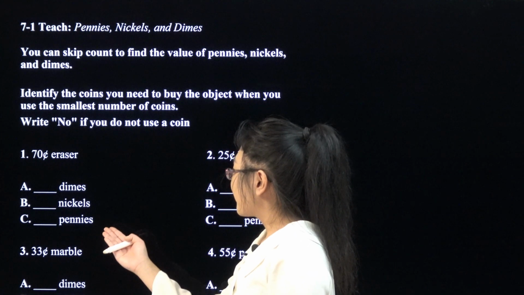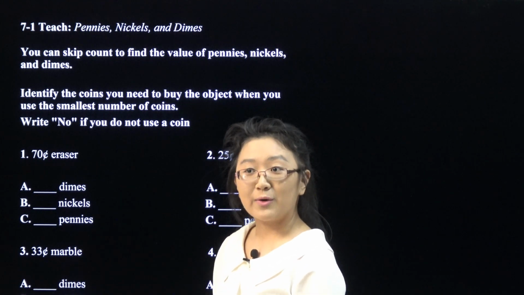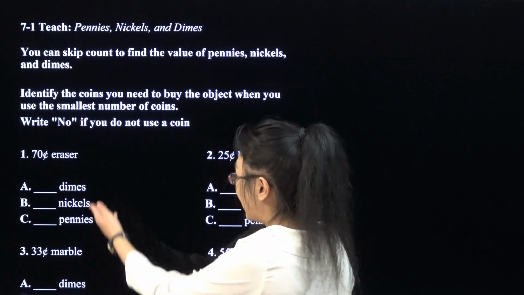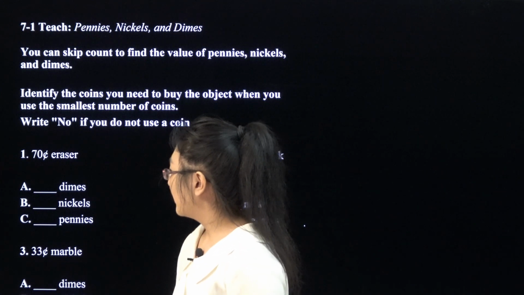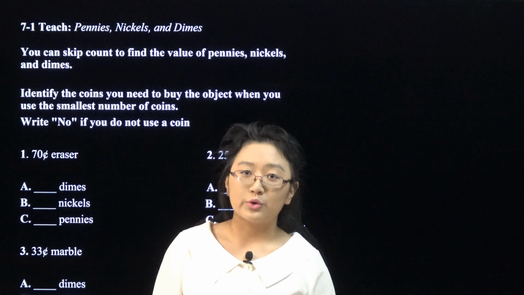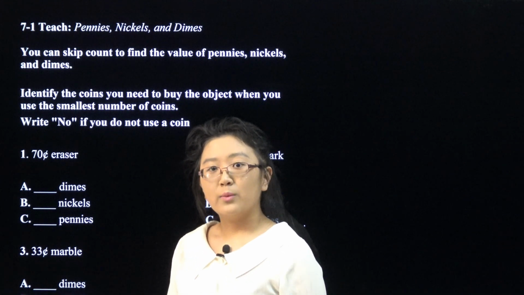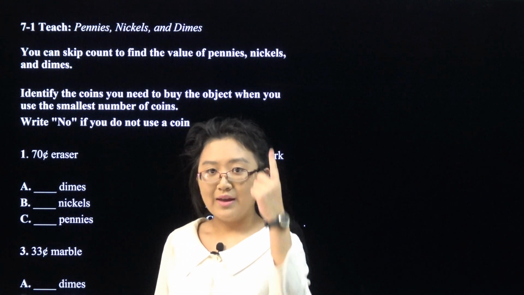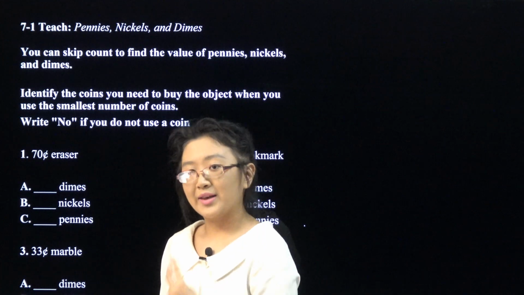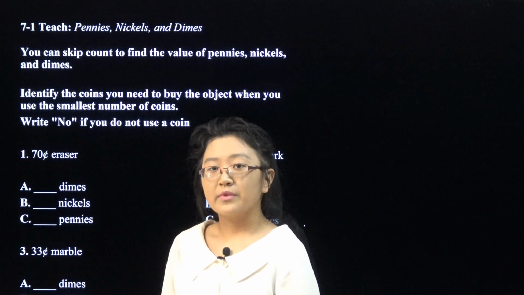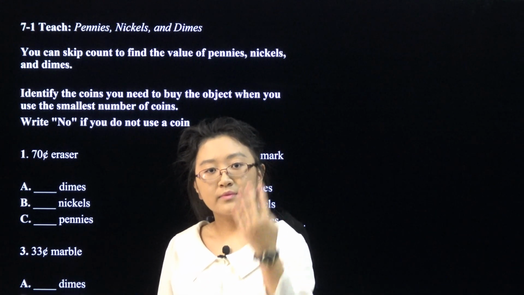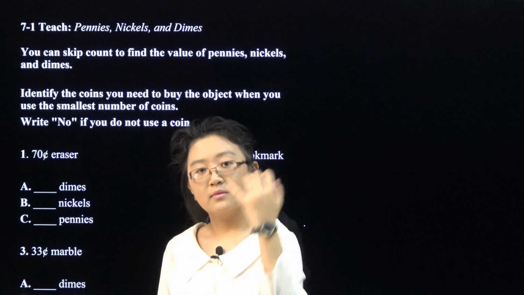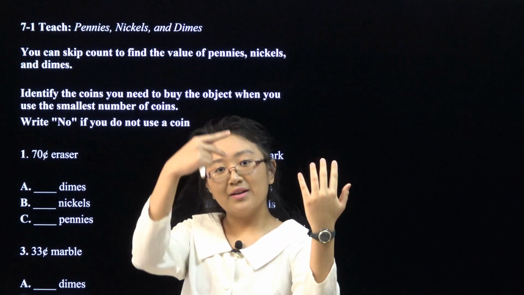Anyhow, because nobody really carries around that many pennies, how many dimes do we need, first of all? So for dimes, since it's equal to 10 cents, we skip count by 10. 10, 20, 30, 40, 50, 60, 70.